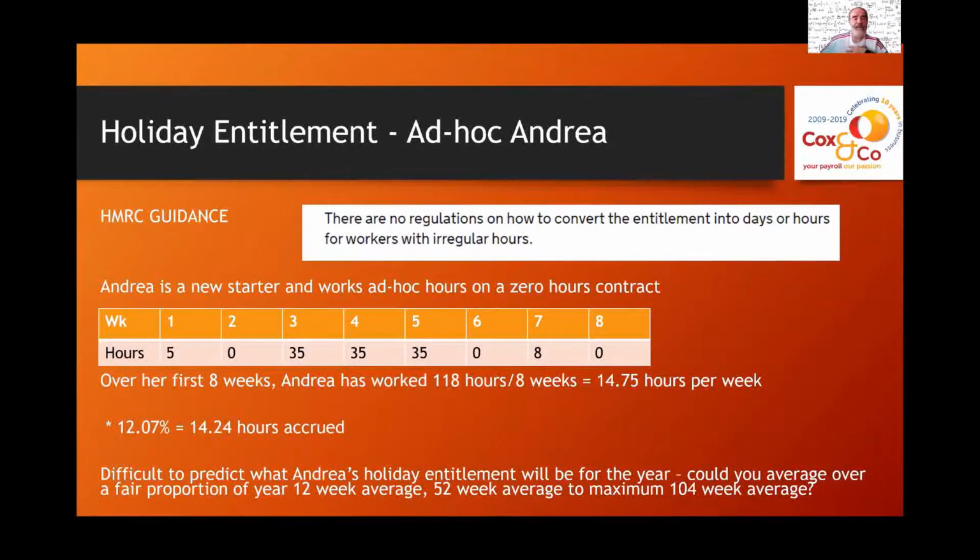I think where we've refined it a little bit, in very many cases we would very often have calculated holiday pots as a monetary value. So we might accrue 12.07 pence for every pound of monetary earnings that employee was going to get, and that wouldn't have been far out.